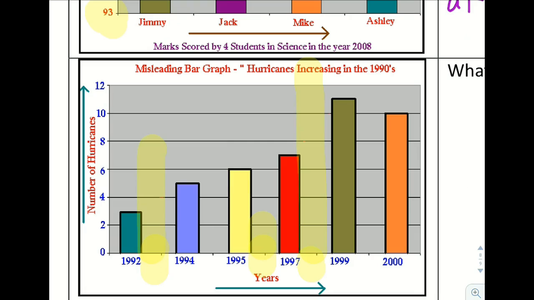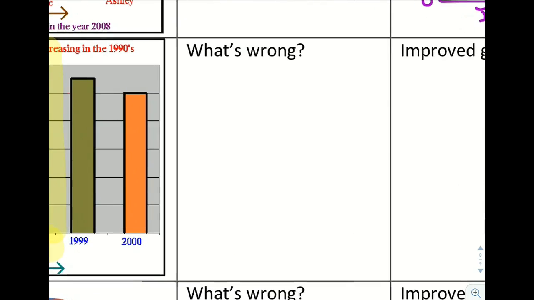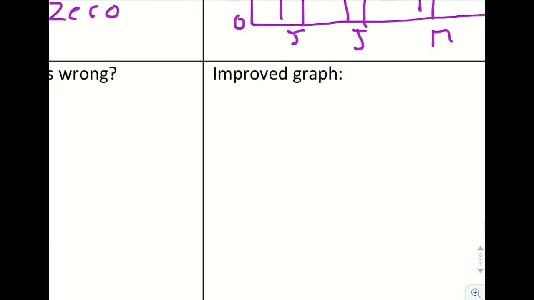So when a graph is missing information like that, we might want to go ahead and say something along the lines that data is missing. In the improved graph, we might say impossible because we don't have the data.